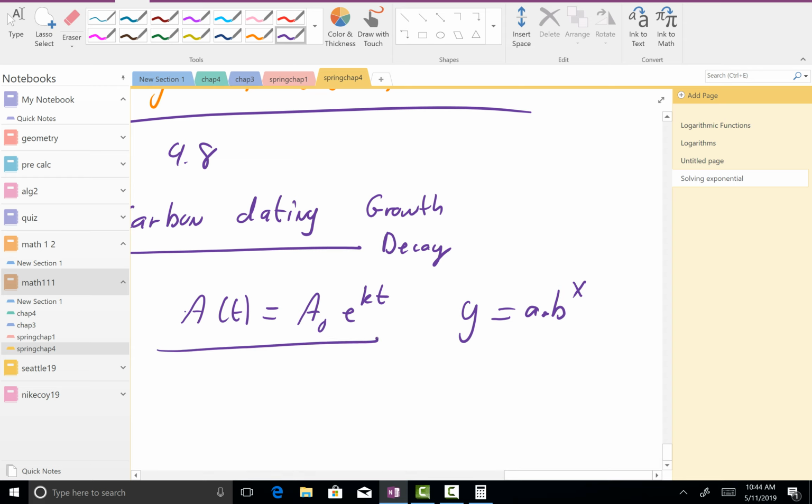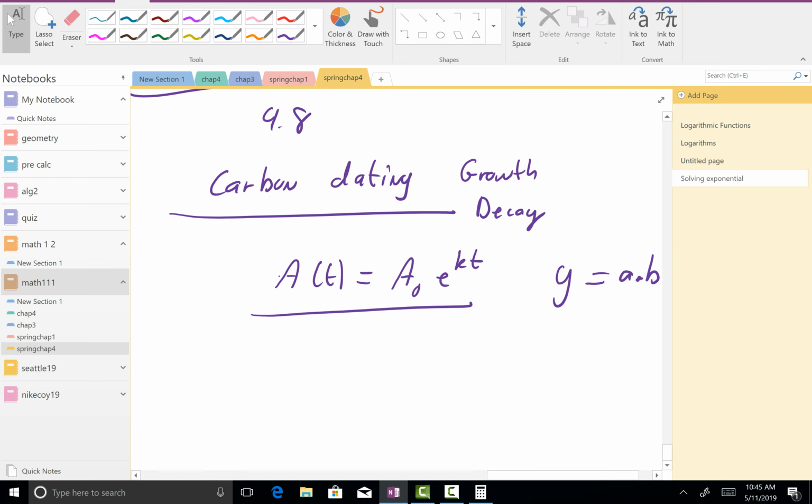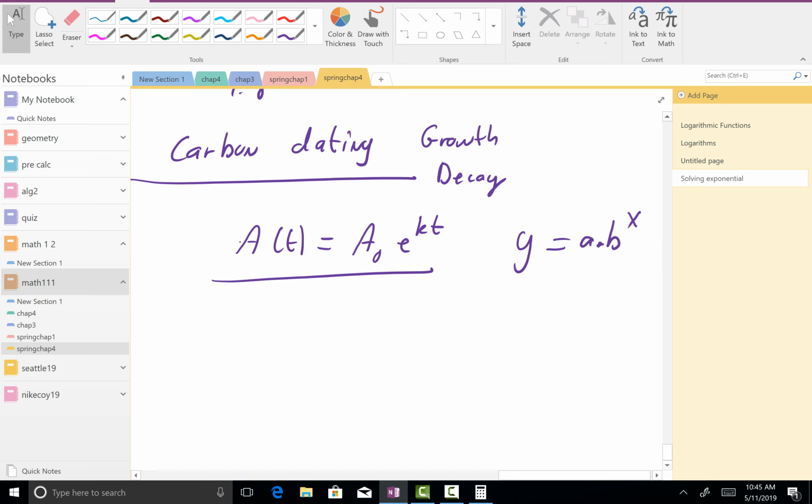So mine most likely would look like this. In this particular assignment, when they talk about decay, they're going to give you the equation, and it's going to look more like that one, all right? So in this case, they talk about half-life, which some of you have probably heard of. That's how they do some dating of archaeological bones and stuff that they find, okay? They use carbon dating, at least they used to. I'm not sure they use that much anymore.